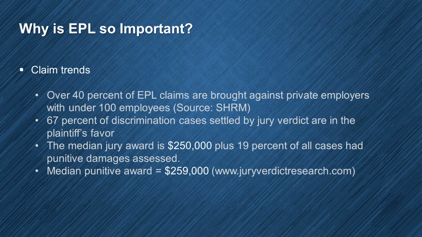These types of companies do not have that amount of money to be spending, and they don't have the time to be defending themselves. And a lot of the times it does put them out of business. 67% of discrimination cases settled by jury verdicts are in favor of the plaintiff. And the median jury award is about $250,000, plus possible punitive damages being assessed.